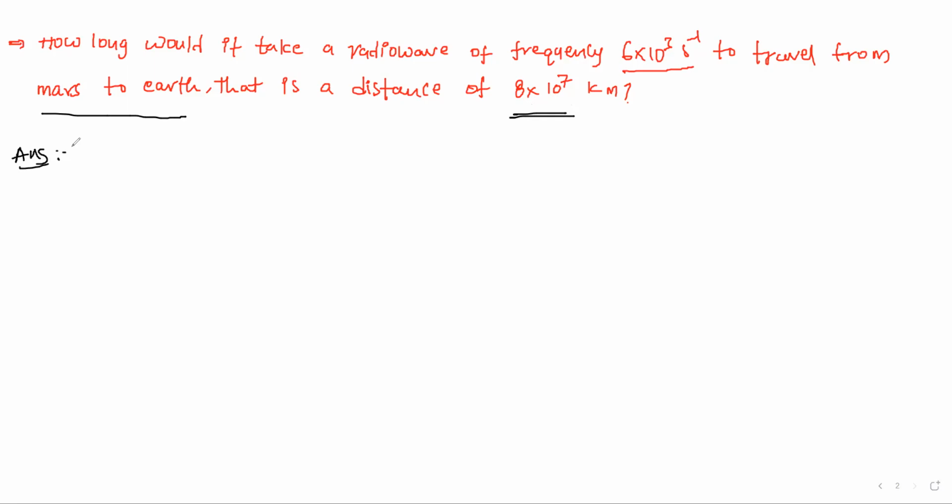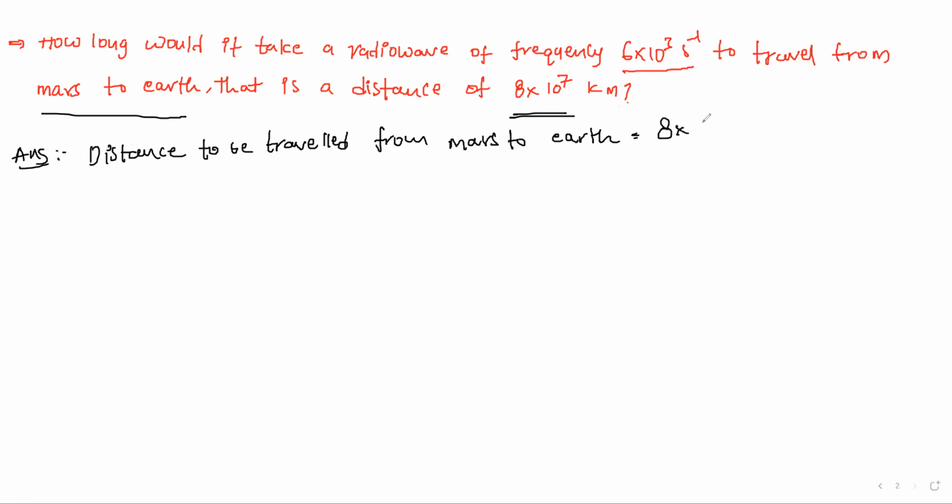So here the answer would be: distance to be traveled from Mars to Earth equal to 8 into 10 to the power of 7 kilometers.